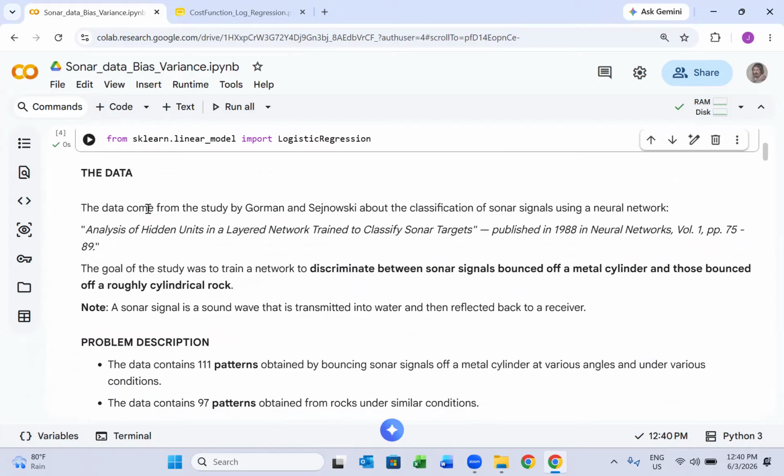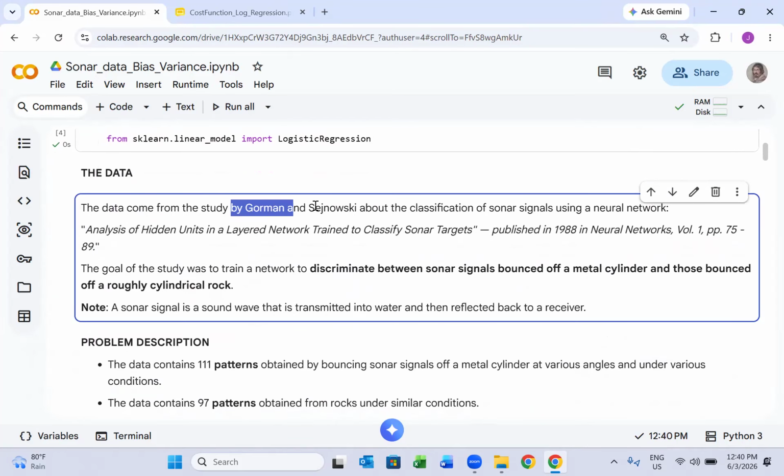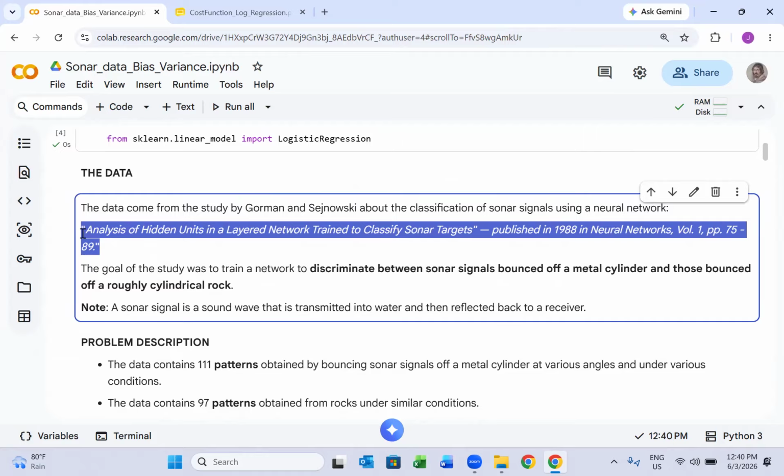The data come from the study done by these two researchers, okay? And the study was about the classification of sonar signals using a neural network, okay? And this is the specific citation to the paper published by these two authors with this study. So you can Google it and you'll be able to get a PDF of the study, okay?